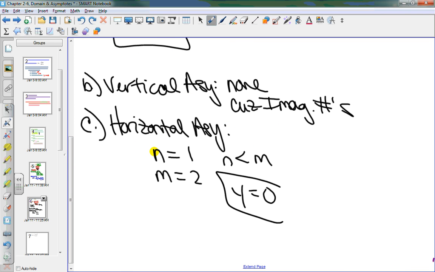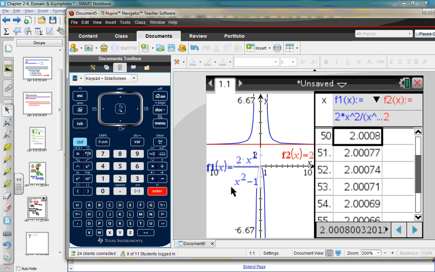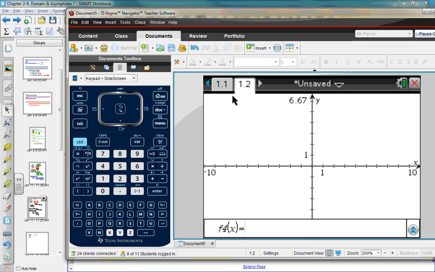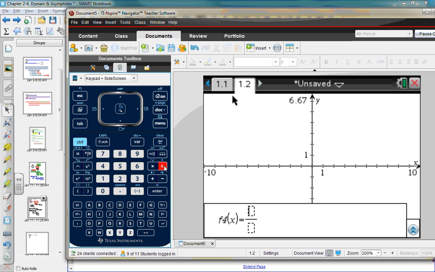So if we come back over here and if we were to graph that, what was that one? 3x squared plus or minus?